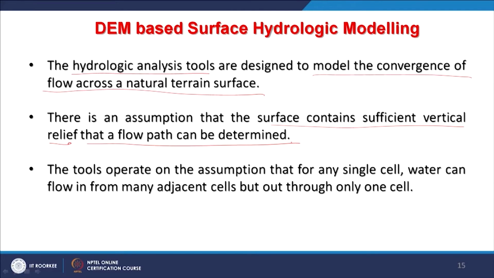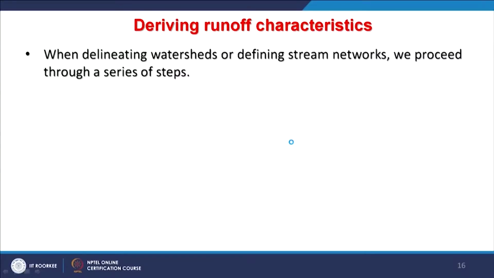And these software tools operate on the assumption that into any single cell water can flow from many adjacent cells, but out through only one cell. Now, when we go for the delineation of watersheds using surface hydrologic modeling, or defining a stream network, we proceed through a series of steps.